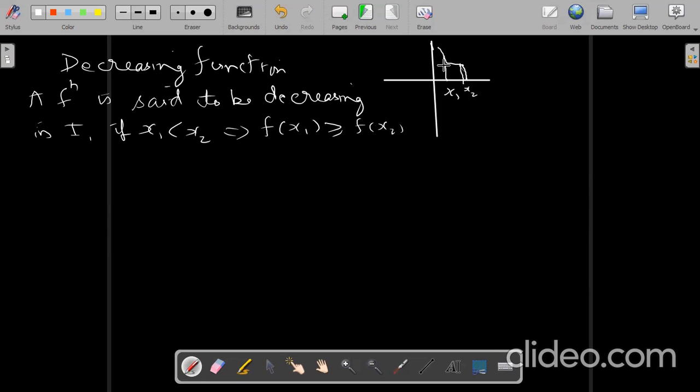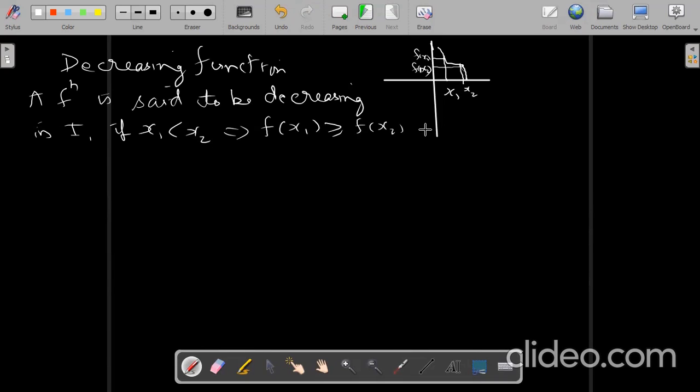Since x1 is less, you can see f(x1) is greater and f(x2) is less. The value of f(x1) will be greater than the value of f(x2). So in this case this sign will be inverted.